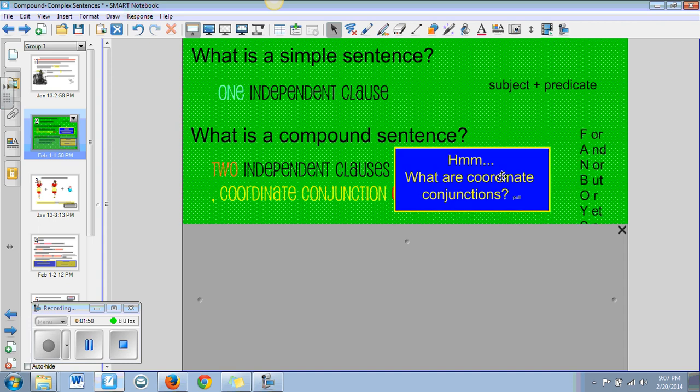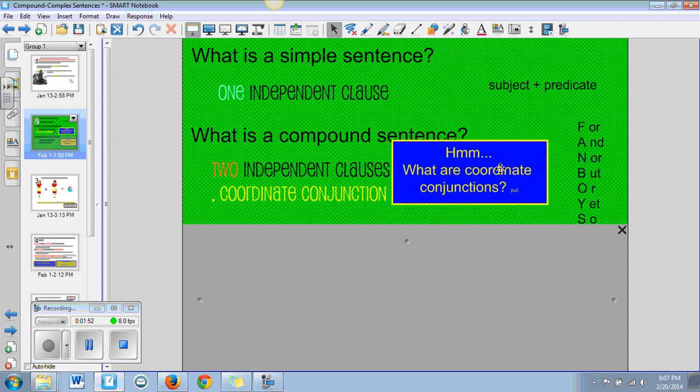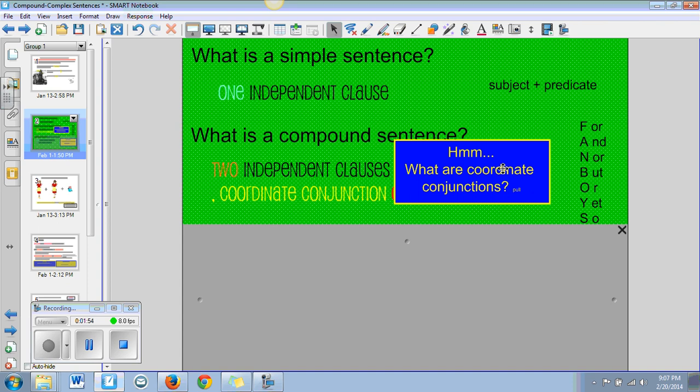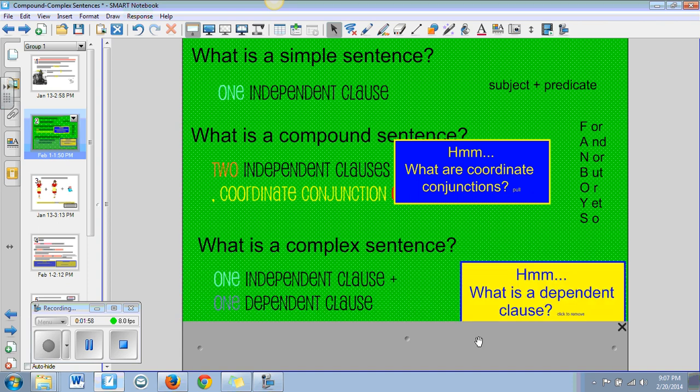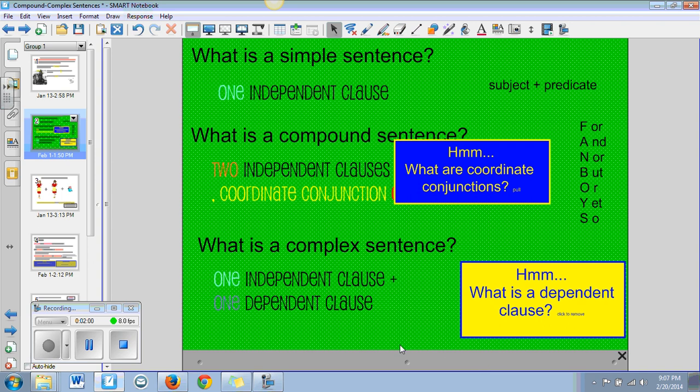What are our coordinating conjunctions? Well, those are FANBOYS: for, and, nor, but, or, yet, so. And then finally, we talked a lot about complex sentences. Please remember that a complex sentence is 1 independent clause and 1 dependent clause. So you may think to yourself, well, I understand that an independent clause has a subject and a verb, but what makes something dependent?